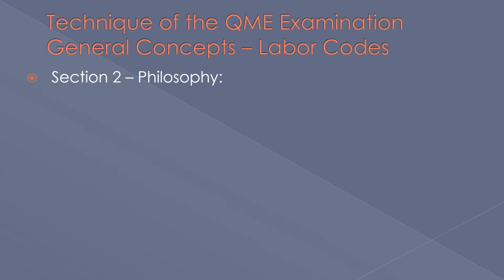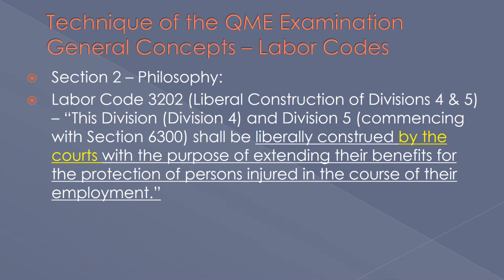So to establish the general philosophy of this section, I want to review with you Labor Code 3202, what's known as the Liberal Construction Code. I don't know how many of you have the Workers' Compensation Laws book of 2015, but you can look up this code section. You can simply Google it by putting it in your search bar, and it'll come right up.